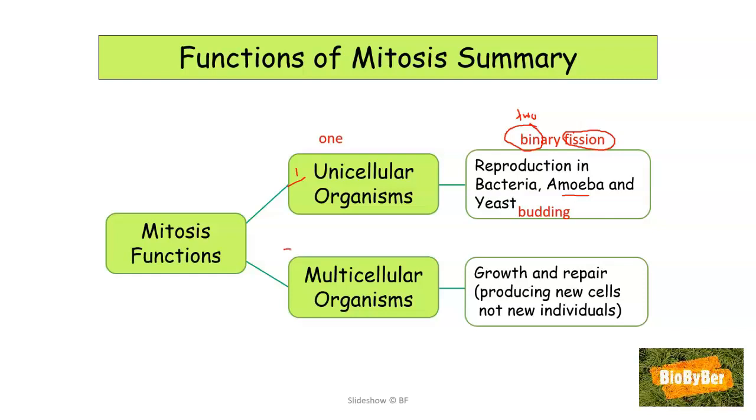The second main function of mitosis is in multicellular organisms, where mitosis plays an important role in the growth and repair, in other words, producing new cells, not new individuals. So it plays an important role in the growth and repair of multicellular organisms.